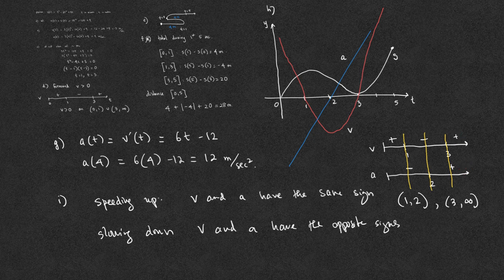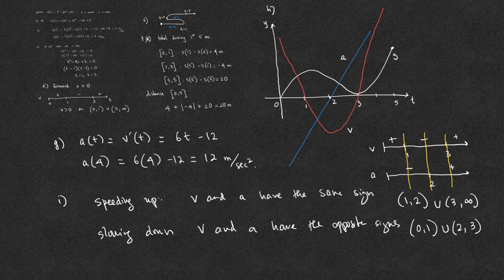The particle is slowing down from 0 to 1 because the velocity and the acceleration have the opposite sign. And then from 2 to 3. Usually, when we write the intervals and we combine them, we would use the union symbol. So the interval 1, 2 union with the interval 3, infinity.